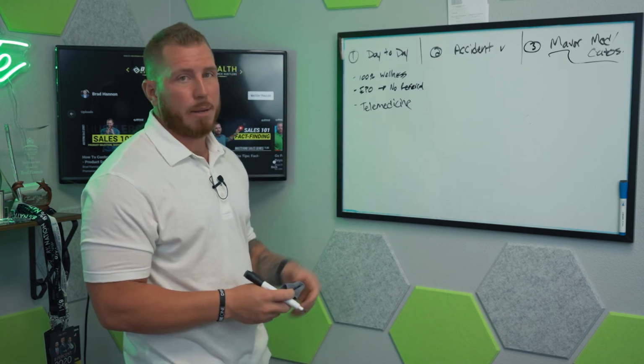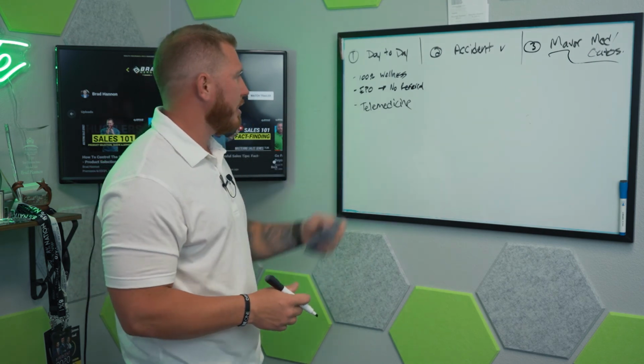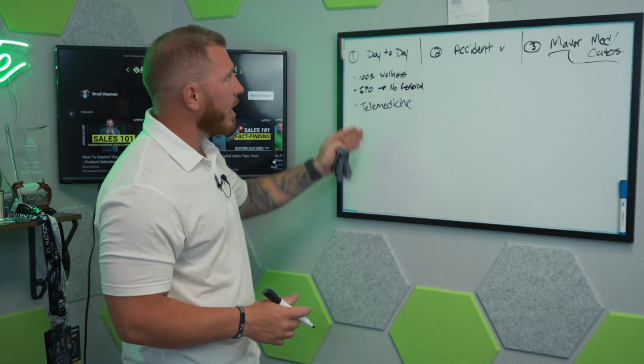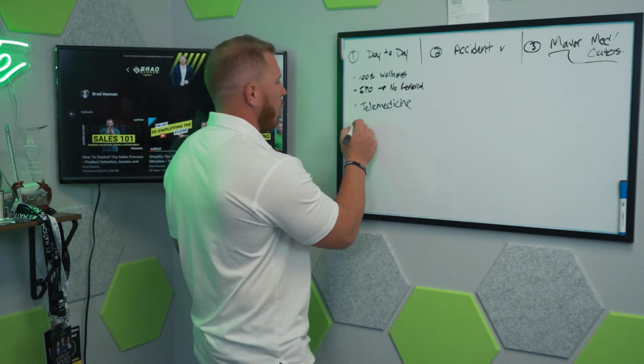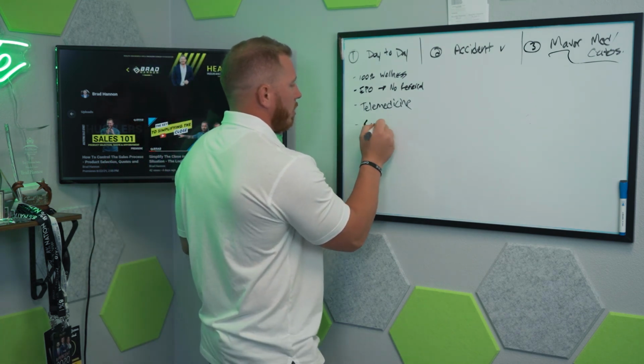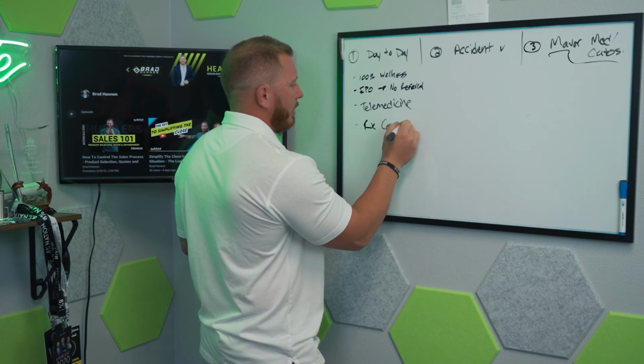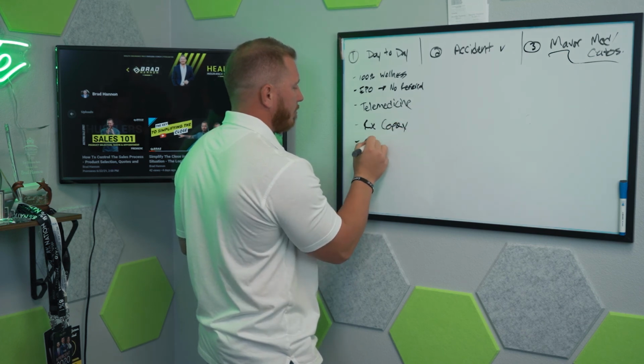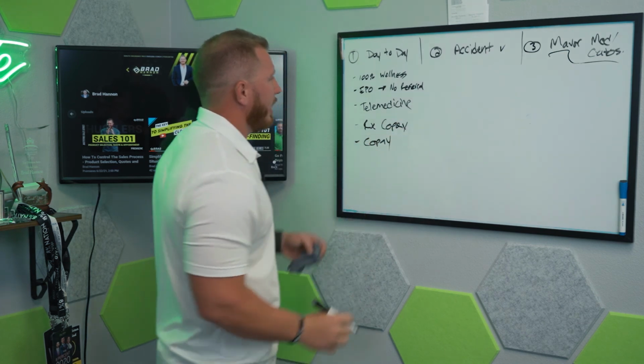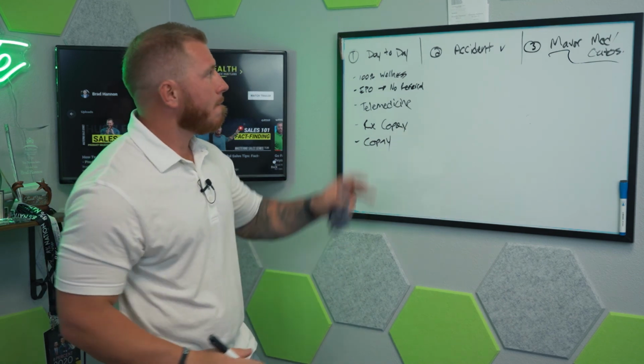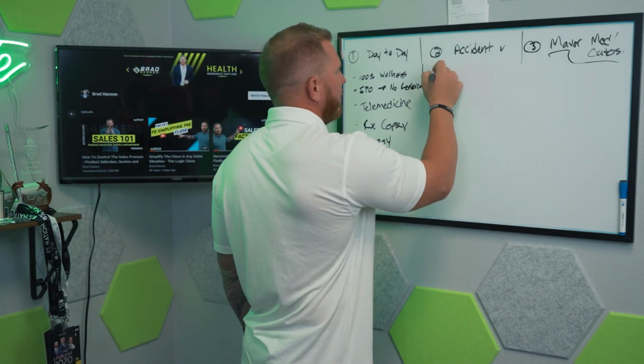A lot of ACA plans nowadays are giving you access to telemedicine. So I'm plugging in the day-to-day stuff, right? Whether there's an RX copay, a copay for doctor's visits, whatever the benefit is, you're plugging it into that day-to-day, okay?